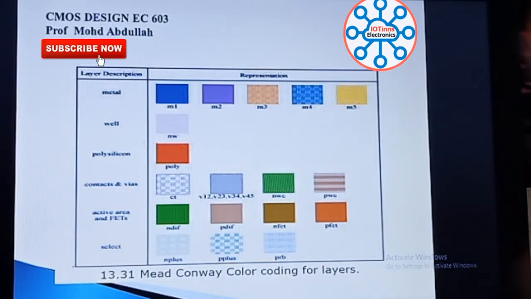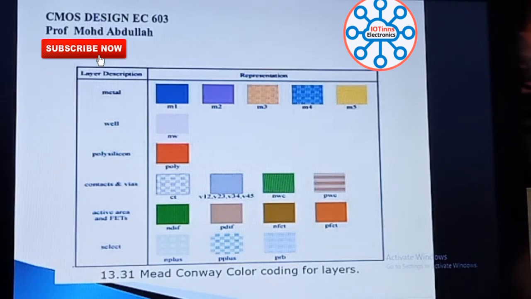For the metal interconnection, we have the different types of metal: M1, M2, M3, M4, M5. These are the different color coding schemes for the metal, for example blue, light pink, yellow, then a lightish green color. These metal symbols are used for selecting the points for the metal contacts.